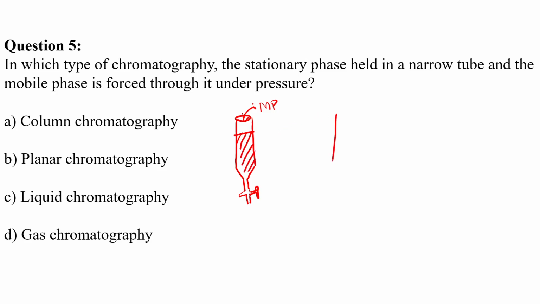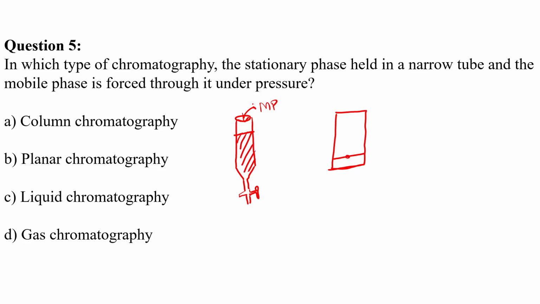In the case of planar chromatography, let's say paper chromatography, we have a piece of paper where you will spot the mixture of analytes. So we have a solution where components A and B are mixed.